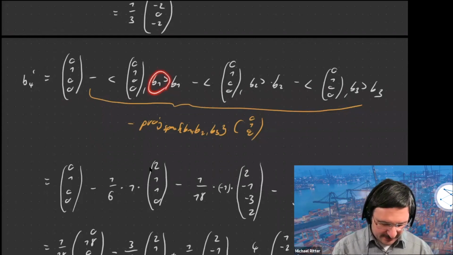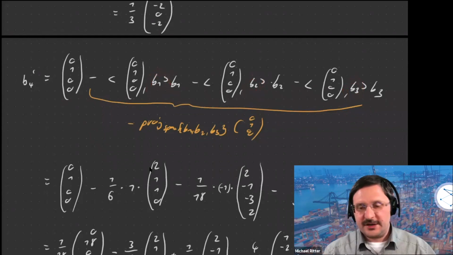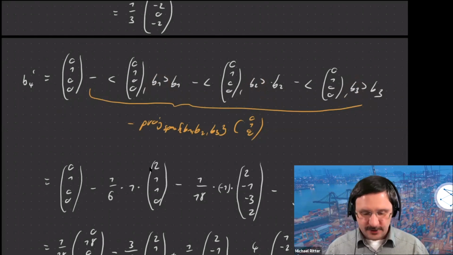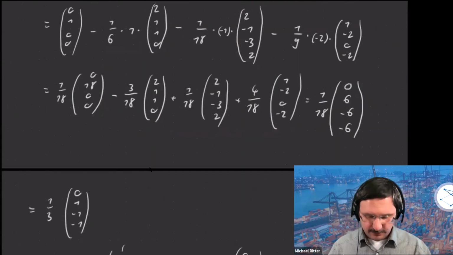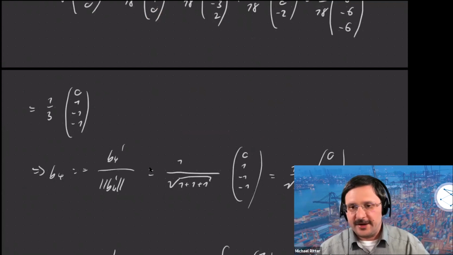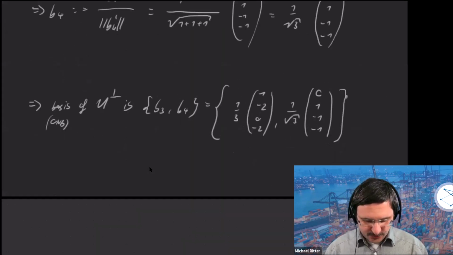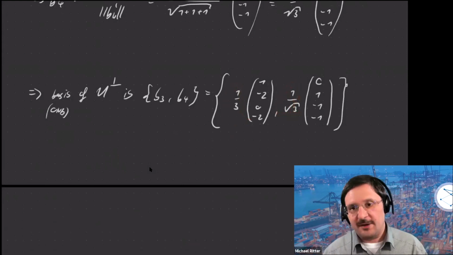So B1, B2, B3 need to be orthogonal and also normalized. What you wouldn't have to do is normalize B4. That's the last vector. You won't use that for anything anymore. So you could stop right here and just use this one. That would be fine. Or you could just do away with these factors if you prefer to write it down without them.